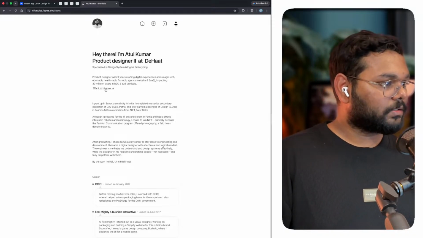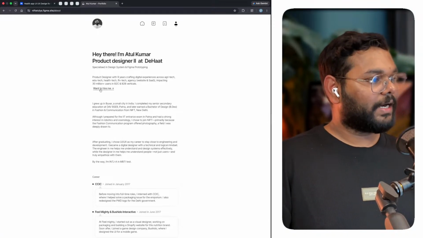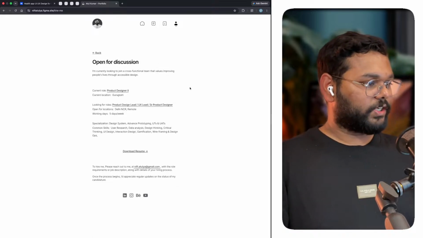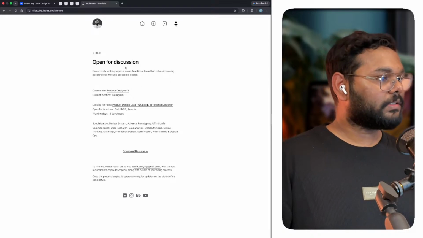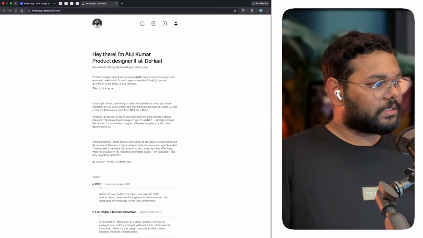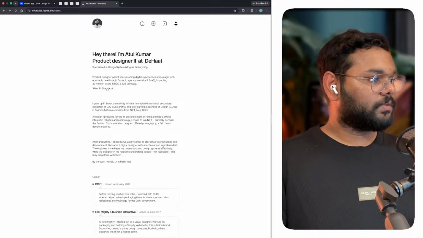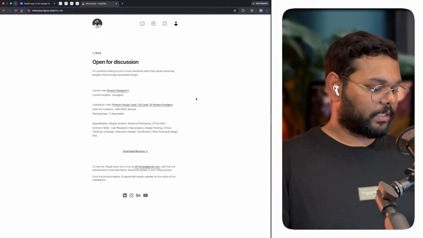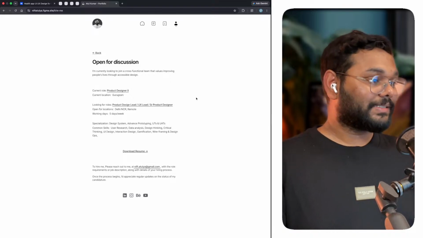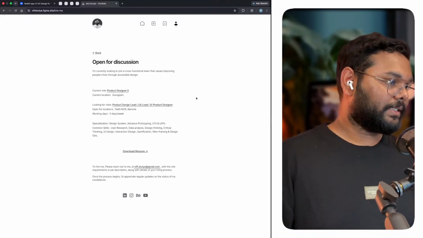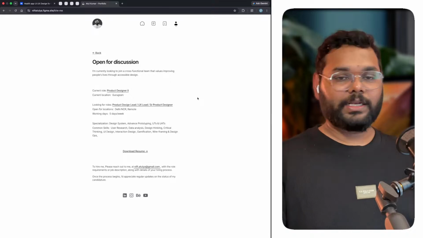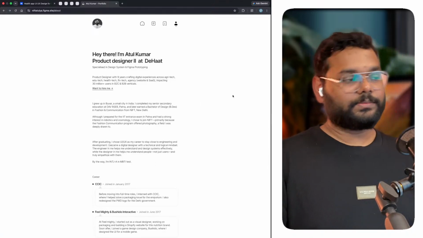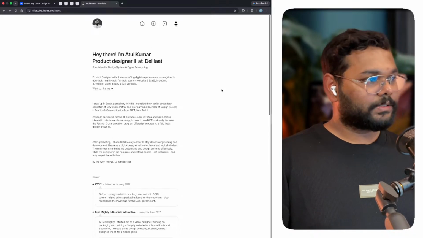Also at the top I have "want to hire me", and it has my expectation, my specialization, and all these things. It's just a simple way to send it to HR or someone, and they can read it and say, okay, these are the things I'm clear about, my expectations, and they can act upon it. So that's pretty simple.